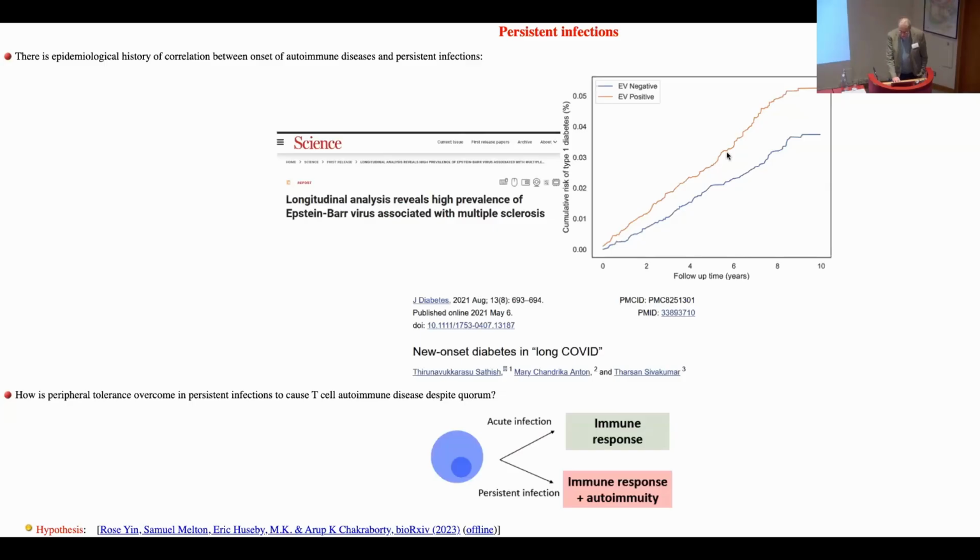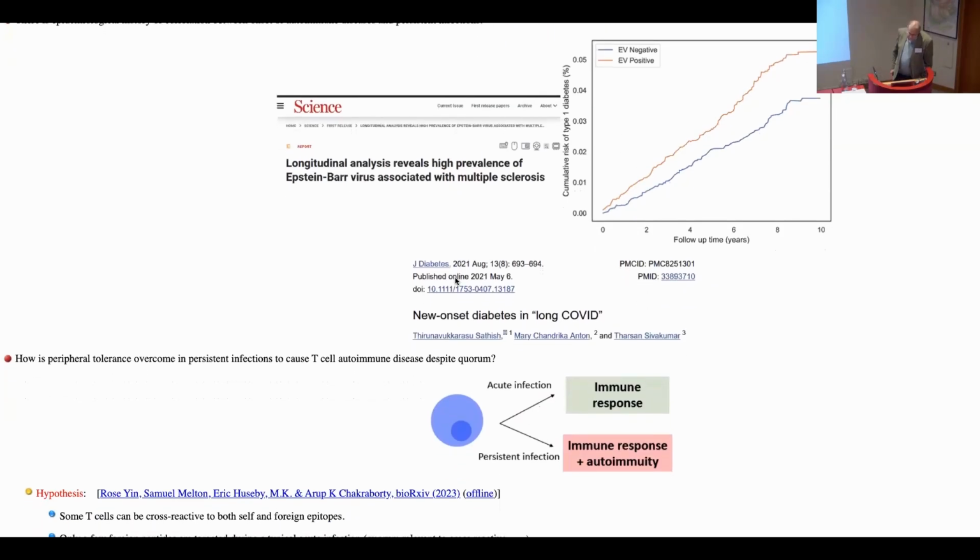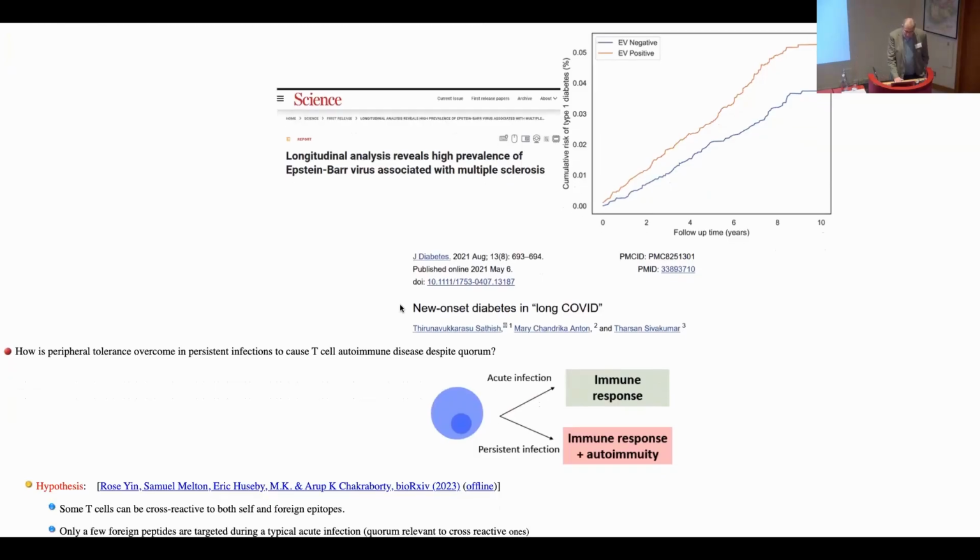And clearly there is an increase, and this virus is a persistent infection. It kind of stays in your body for a long time, and it increases the chance of multiple sclerosis. And more recently, there are indications of onset of diabetes in people that have the persistent version of COVID, long COVID.